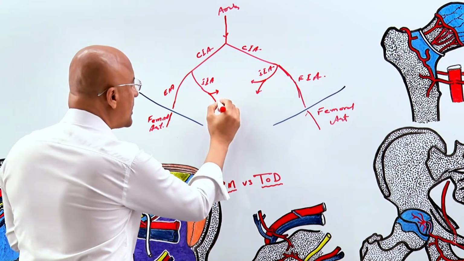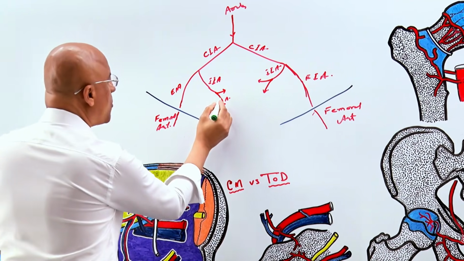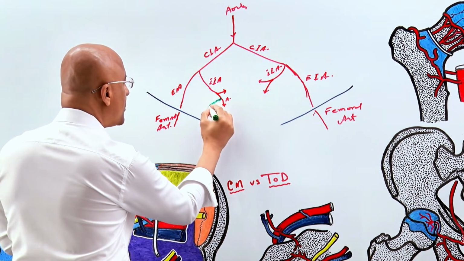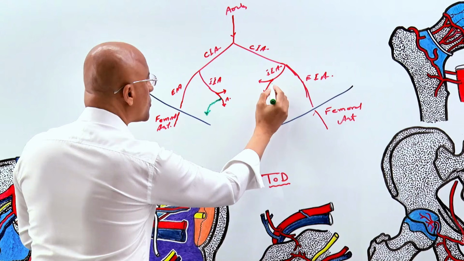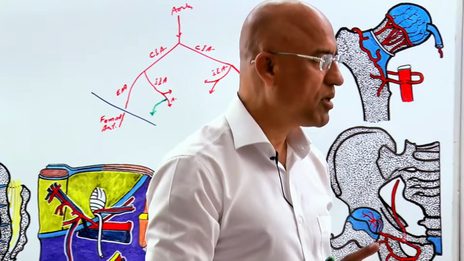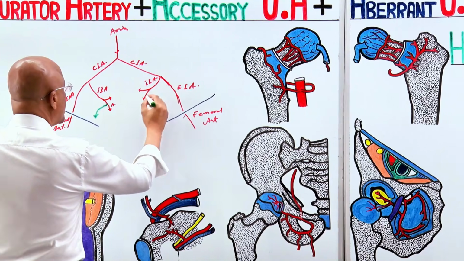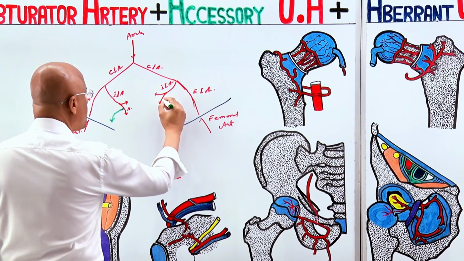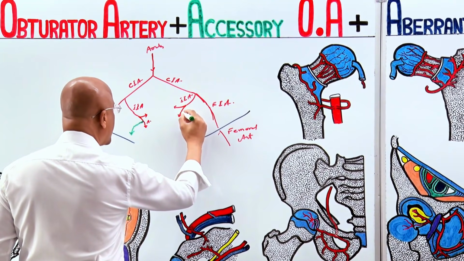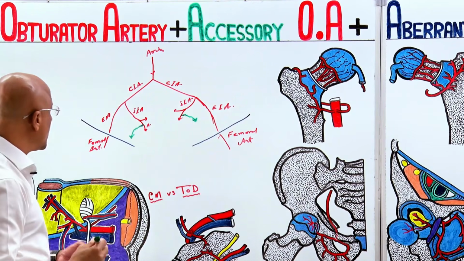Now, from this anterior branch, one of the arteries given out is the obturator artery. So the obturator artery in its classical, most typical form originates from the anterior branch of the internal iliac artery. This is the origin.